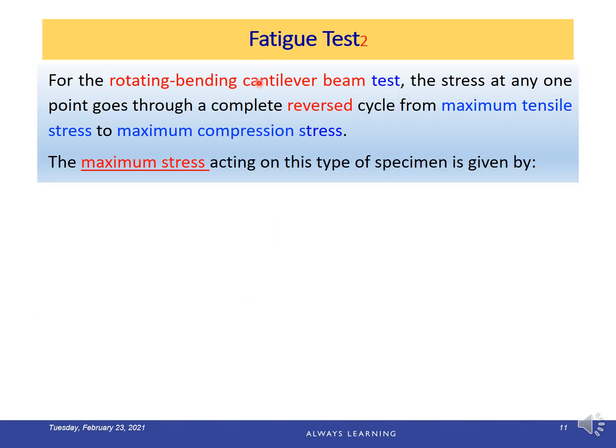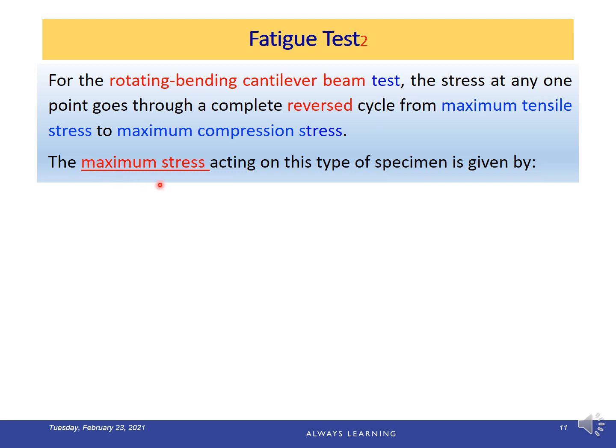There's one additional piece of information you may need to do some calculations about the fatigue test we just mentioned. For the rotating bending cantilever beam test, which is the test we just saw, the stress at any one point goes through a complete reversed cycle from maximum tensile stress to maximum compressive stress, of opposite direction and the same magnitude.